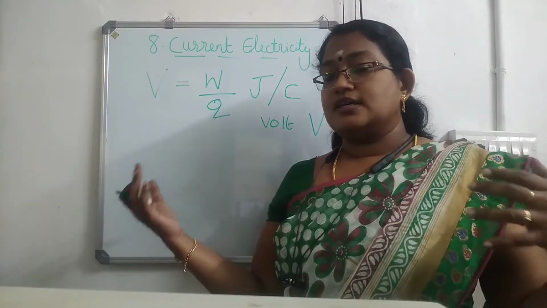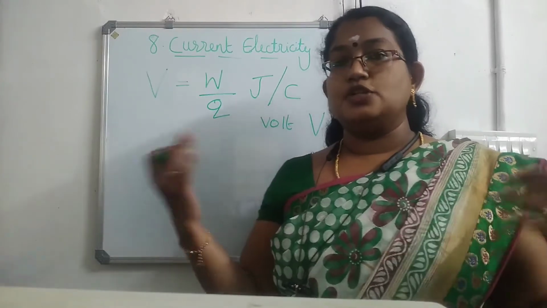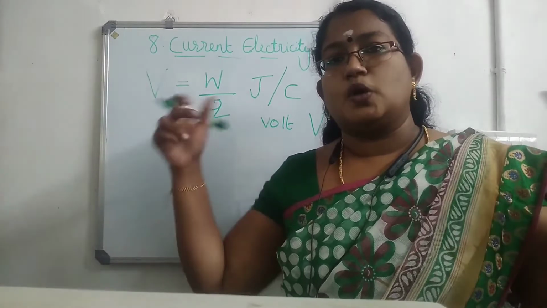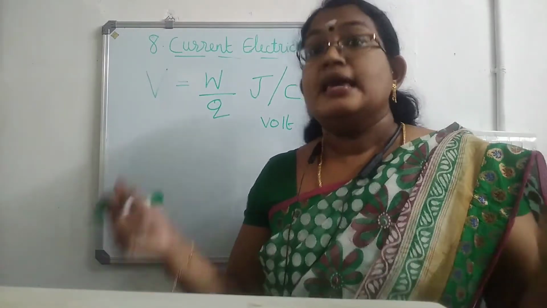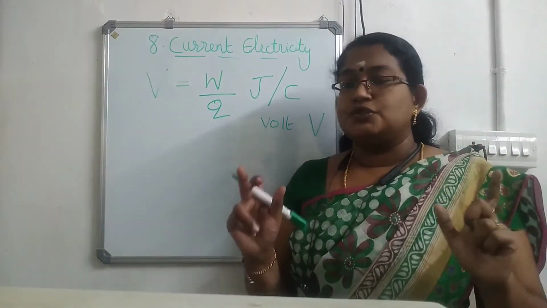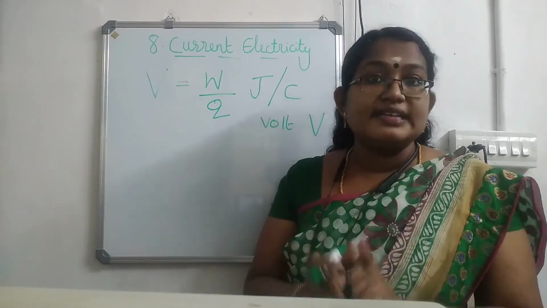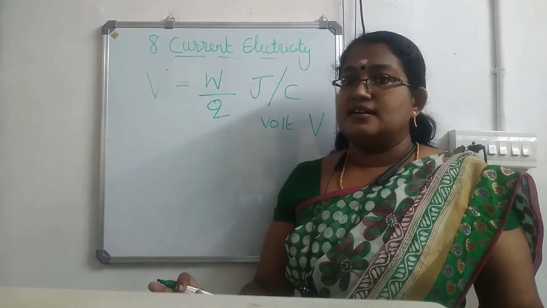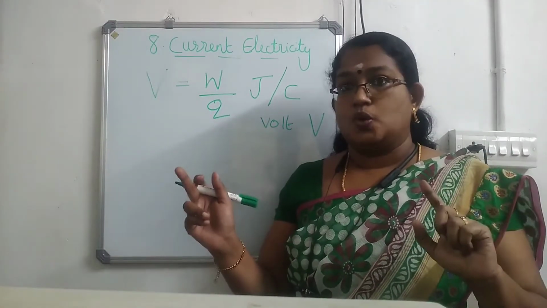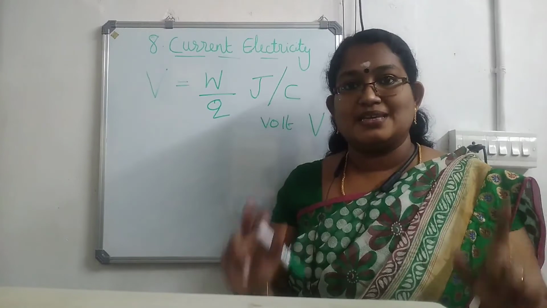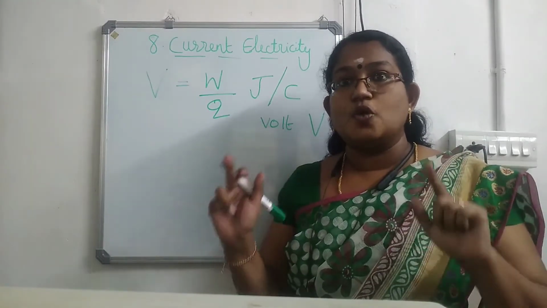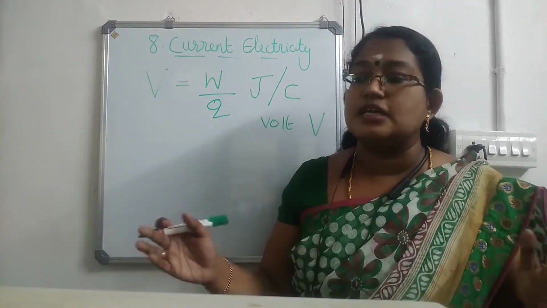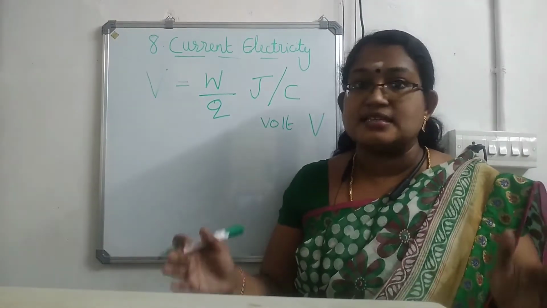Now, when you are considering current flowing between 2 points or 2 ends, we don't want to study the potential at each point. In that case, we have to consider the potential difference between the two, isn't it? Already we learned that flow of electrons makes current, and current flow will take place only if there is a difference in potential between the ends, isn't it?